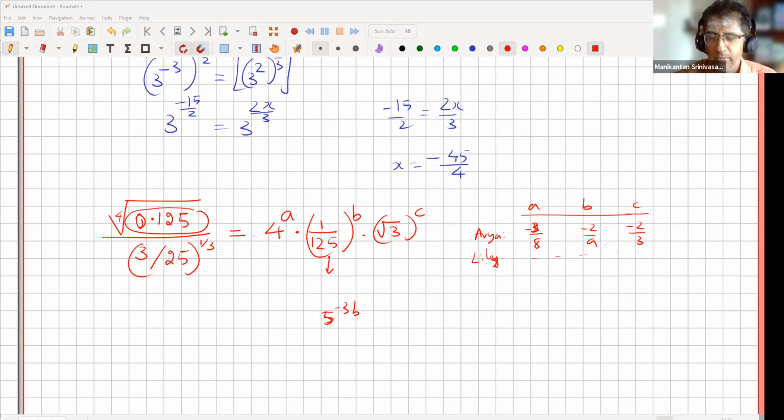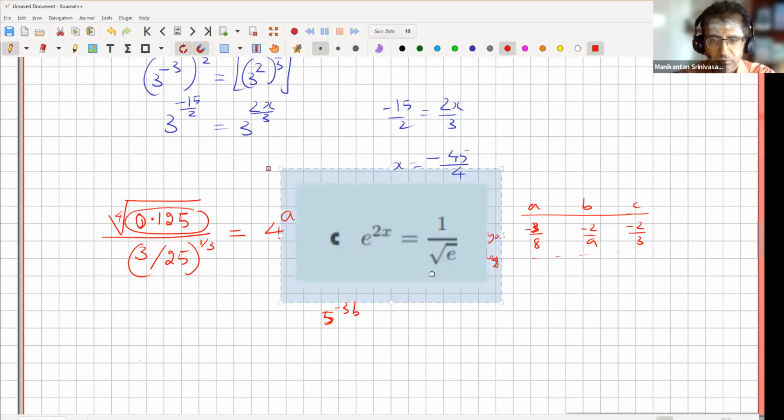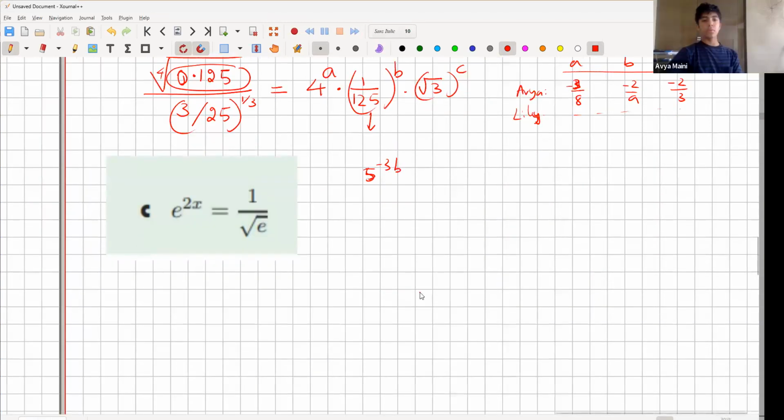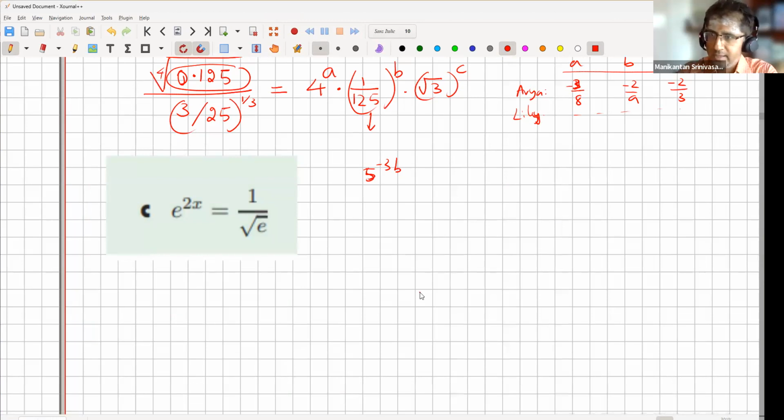Can someone without using pen and paper call out the answer? Minus 1/4. Excellent. The right hand side is 1 upon e power half, which is e power minus half. So minus half equals 2x, and x equals minus 1/4. Wonderful.